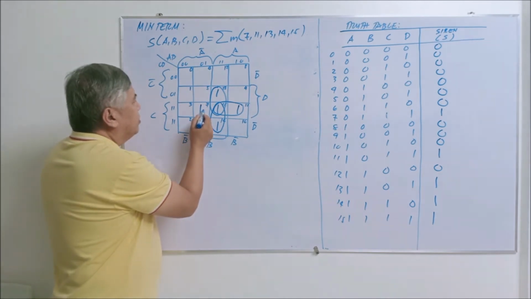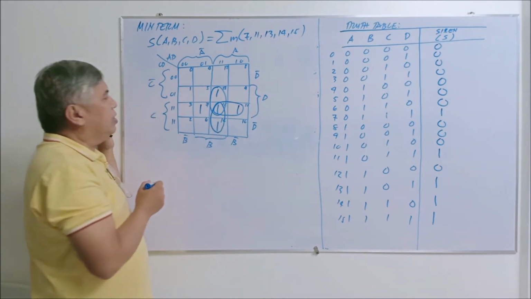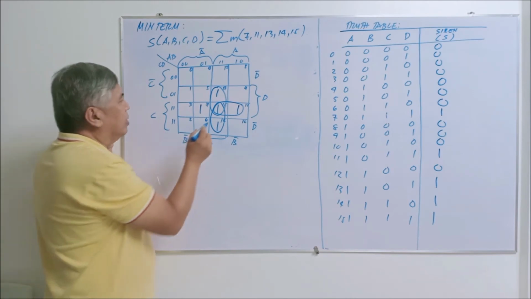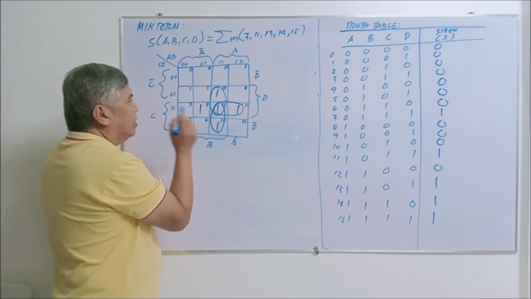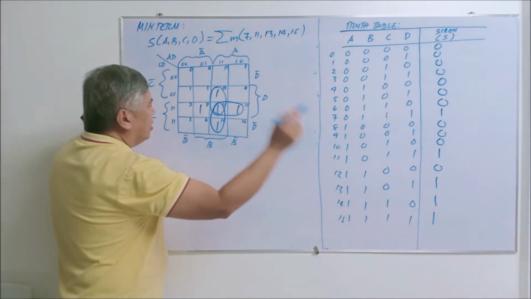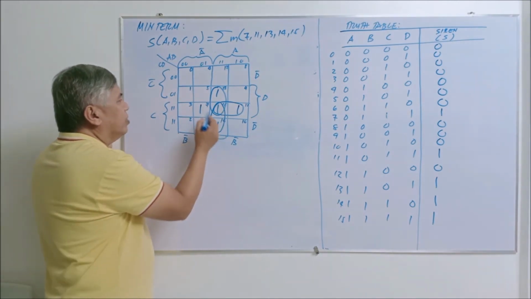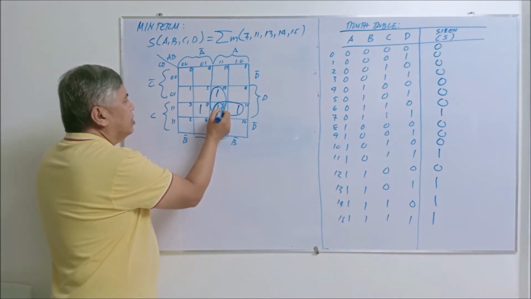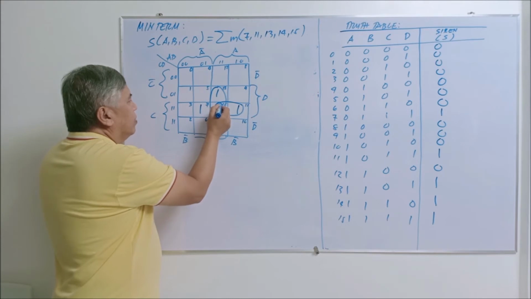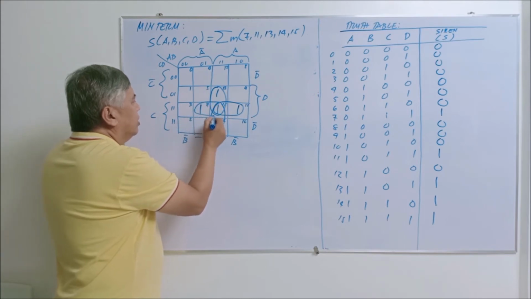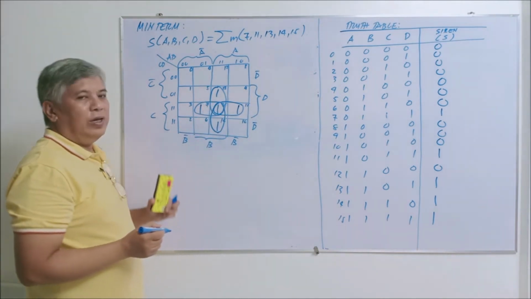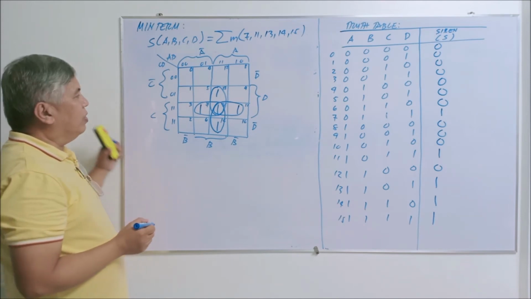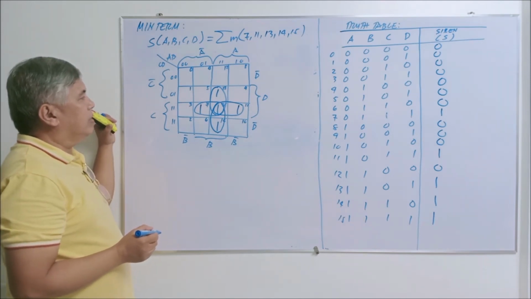And then we have 7, which is still adjacent to 15. For as long as the cell that you are going to group to another cell is not yet grouped, then we can make use of this cell 15 to be used for another grouping. Okay? That is how we group our cells.